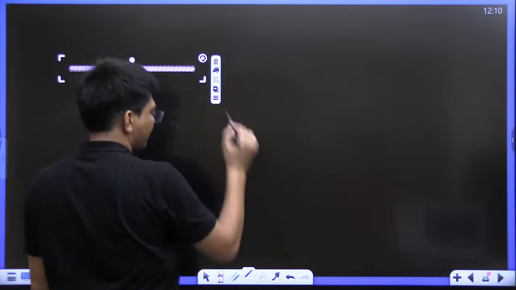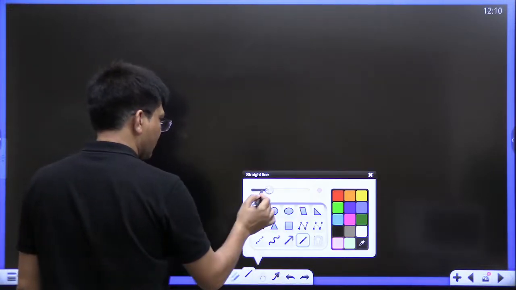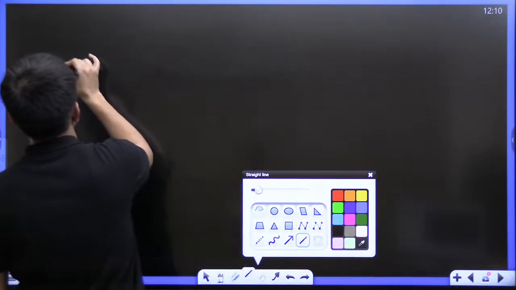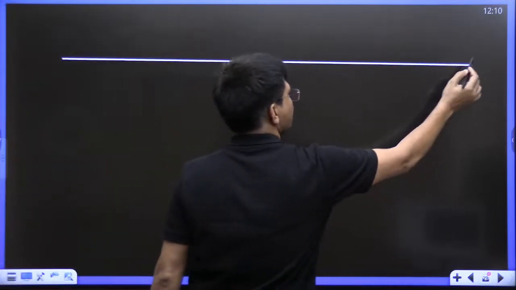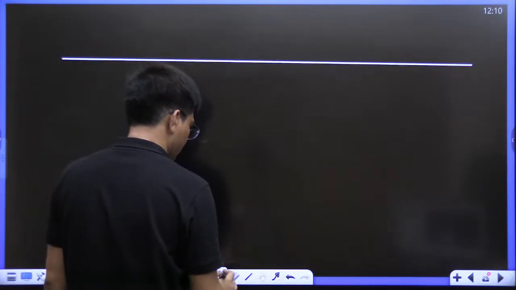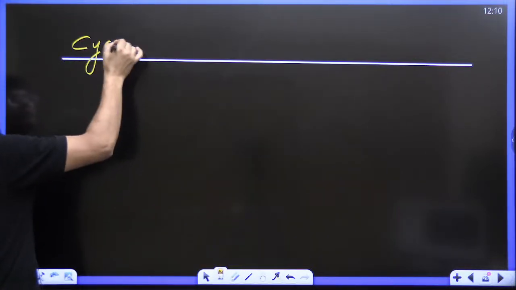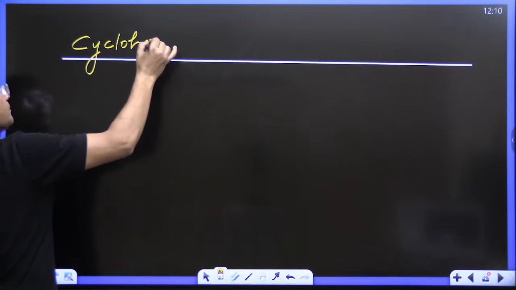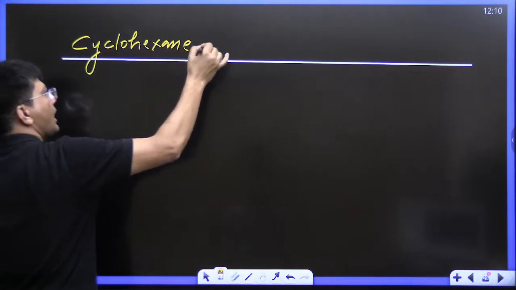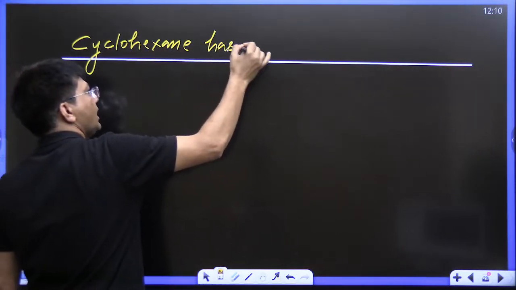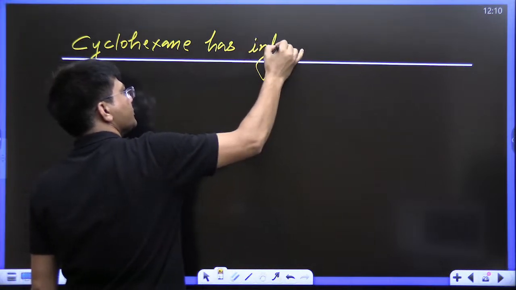Cyclohexane has infinite conformers. Kids, cyclohexane has infinite conformers because cyclohexane is very, very important, so I have to tell you each and everything. Cyclohexane has infinite conformers.